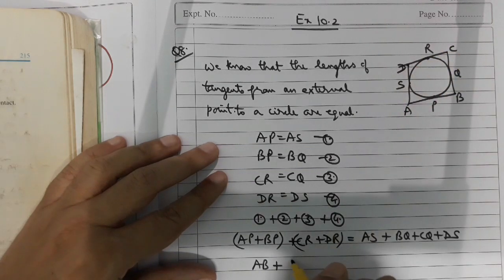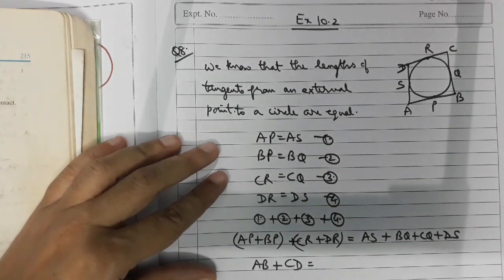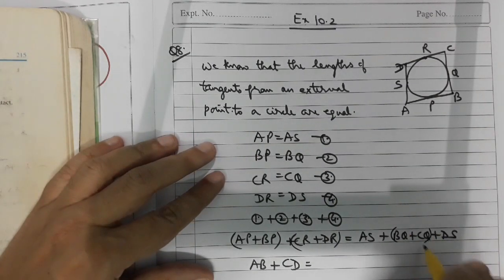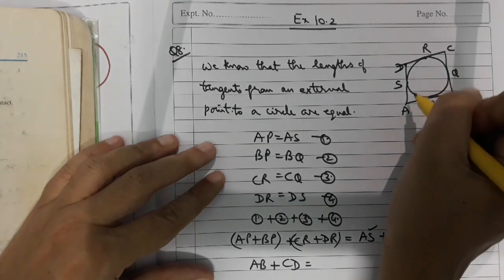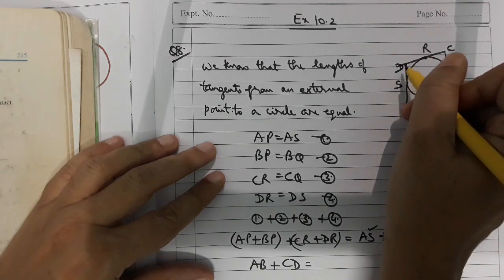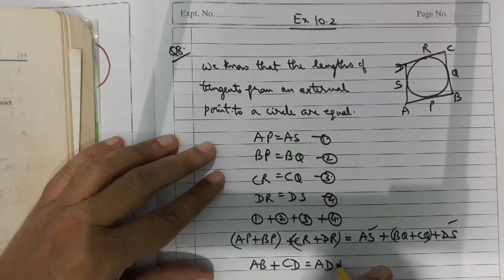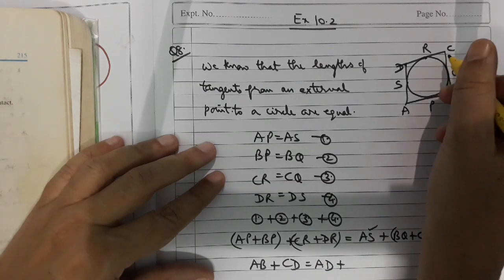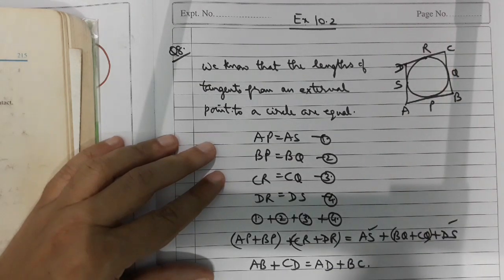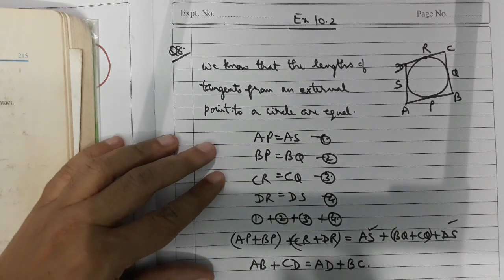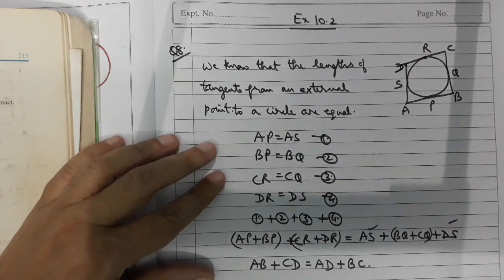It is equal to CD. So AB plus CD is equal to, now over here AS plus DS will become AD plus BQ plus CQ will become BC, and this is what we had to prove. So this is an important question. So write down important for it.